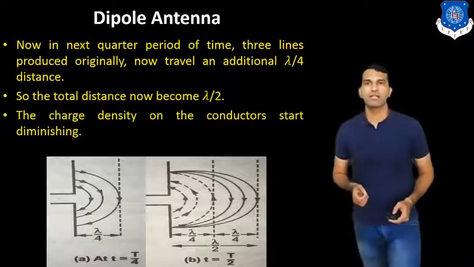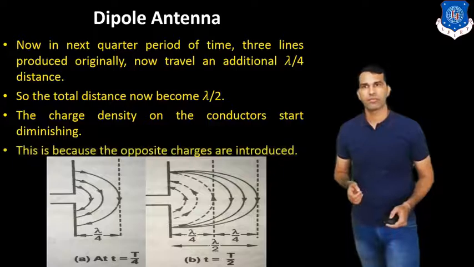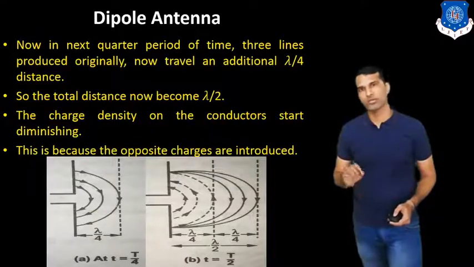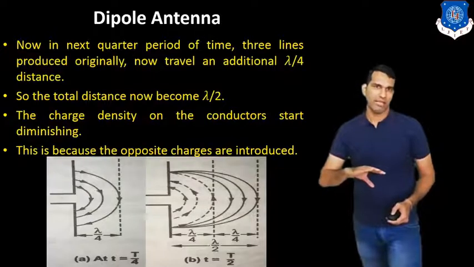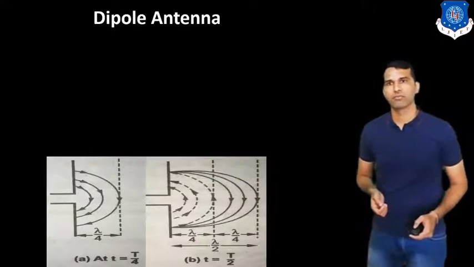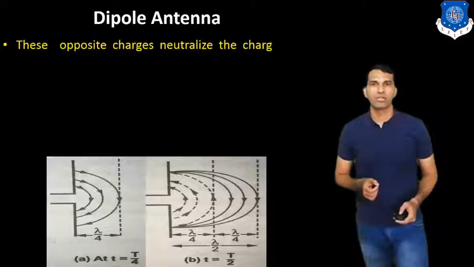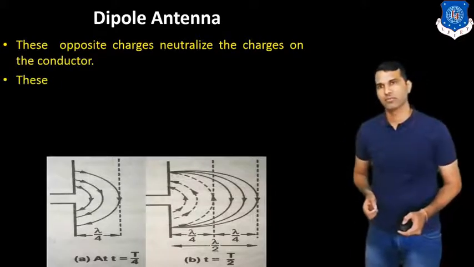So the charge density on the conductor starts diminishing. This is because the opposite charge is introduced. Because in the first charge, as in the next slide, the opposite charge is produced. This opposite charge neutralizes the charge on the conductor.